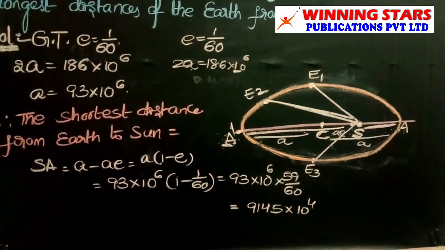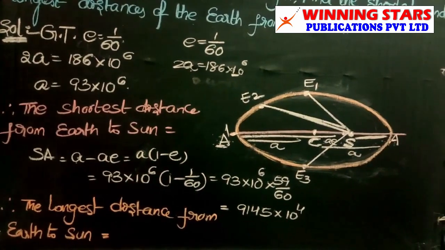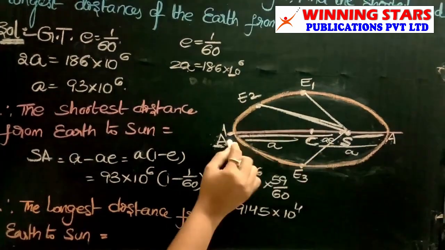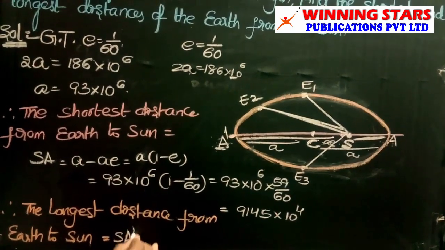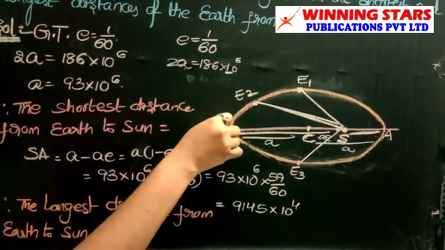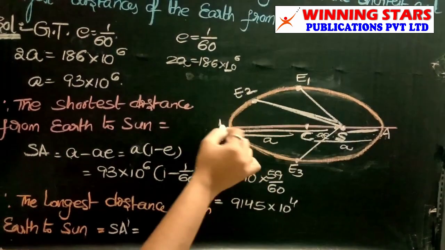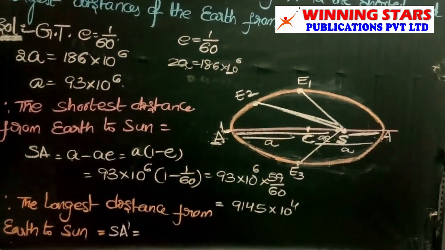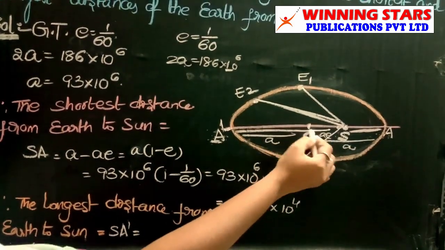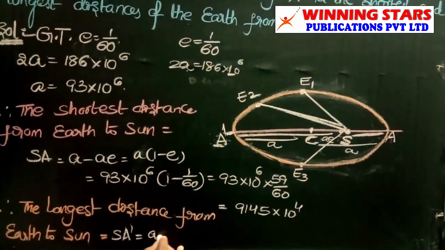And the longest distance from Earth to Sun is SA dash. S is the position of the Sun, and when the Earth comes to the place of A dash, then this is the farthest point from the Sun. So this is the longest distance. SA dash is equal to CS plus CA dash, that is, a plus ae.